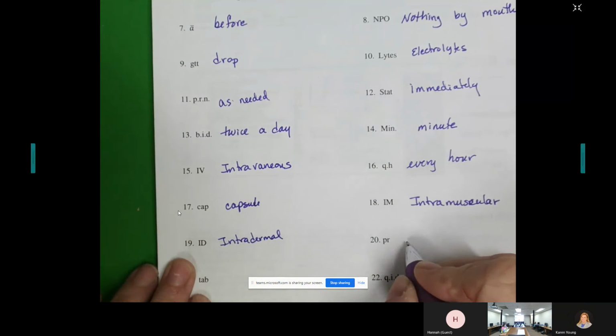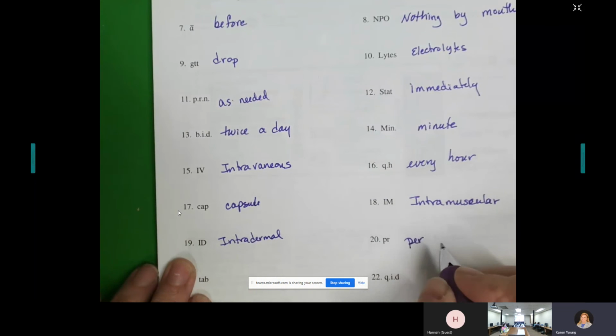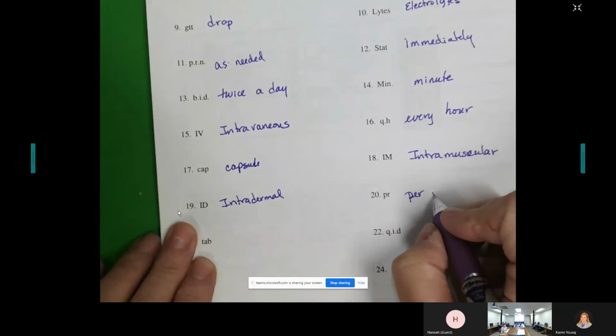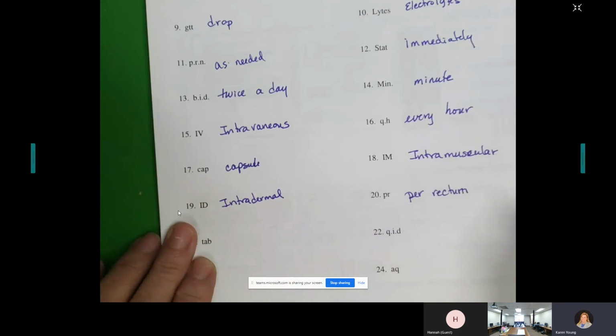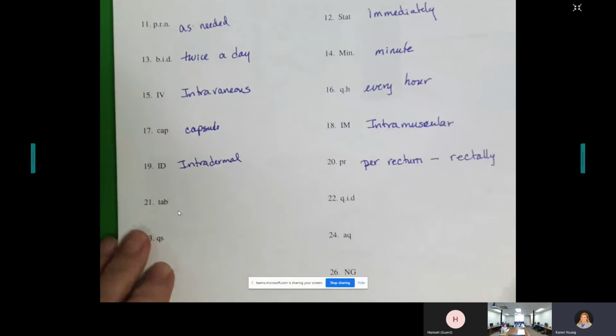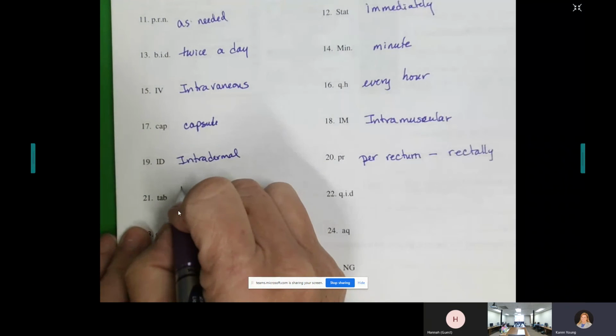And PR, do y'all remember what that one is? Rectum, or rectally. I saw one today that had rectally on it. Tab, of course, is tablet.